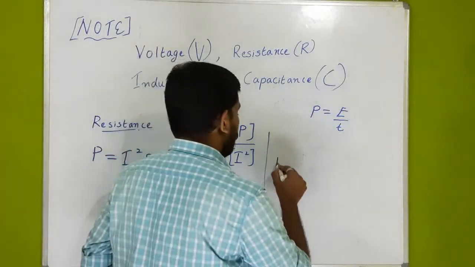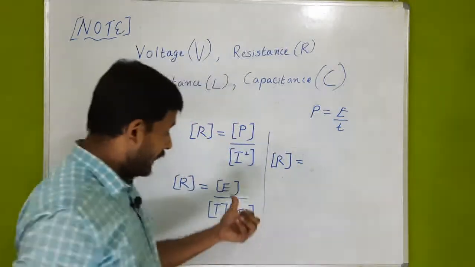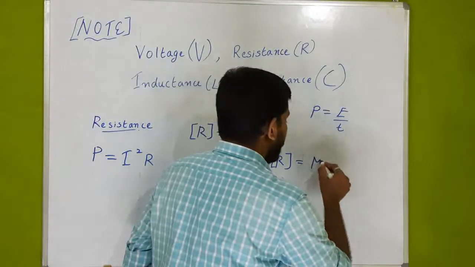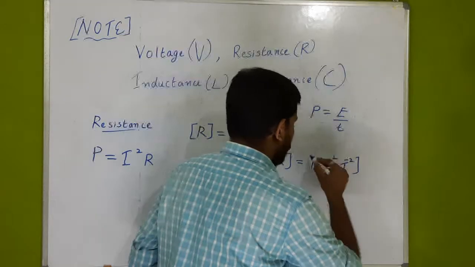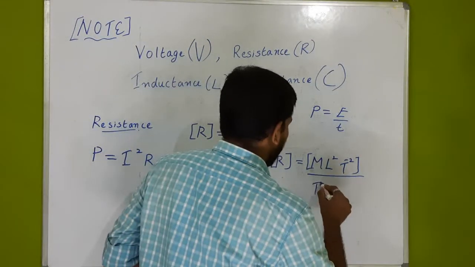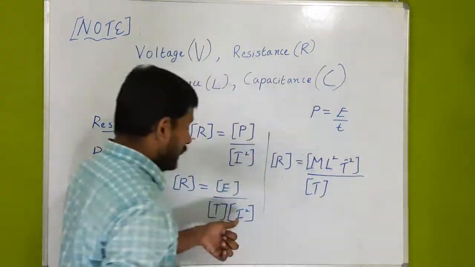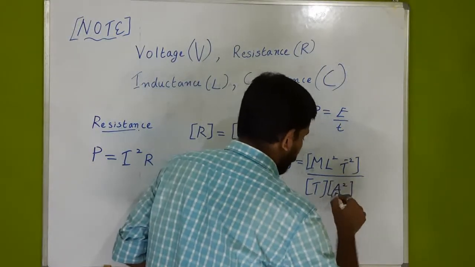Therefore, the dimension of resistance is equal to the dimension of energy, which is the dimension of work, ML^2T^-2, divided by the dimension of time, that is T itself, and the dimension of current squared, A^2.